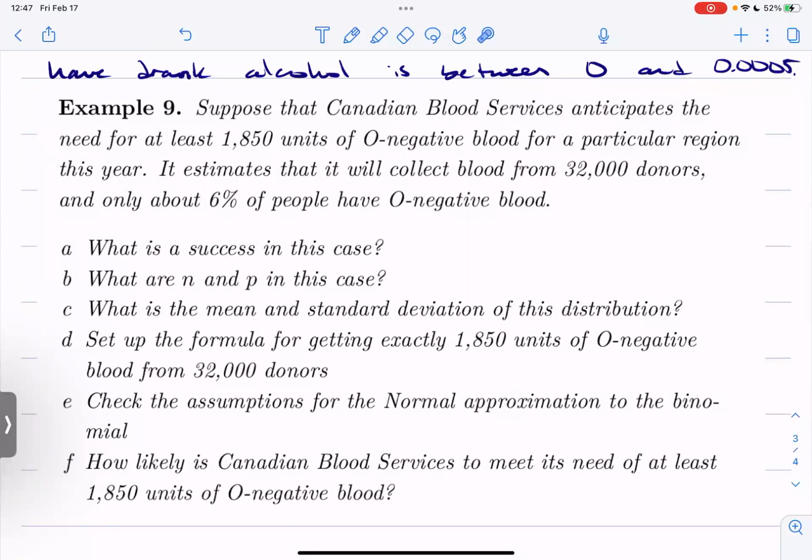Suppose that Canadian Blood Services anticipates the need for at least 1,850 units of O negative blood for a particular region this year. It estimates that it will collect blood from 32,000 donors, and only about 6% of people have O negative blood. What is a success in this case? In this case, a success would be having an O negative donor.